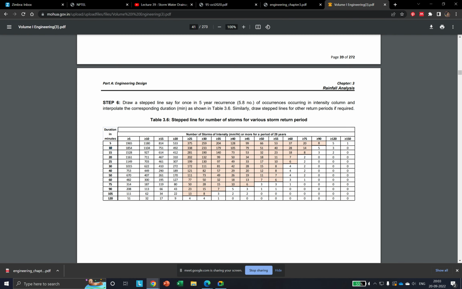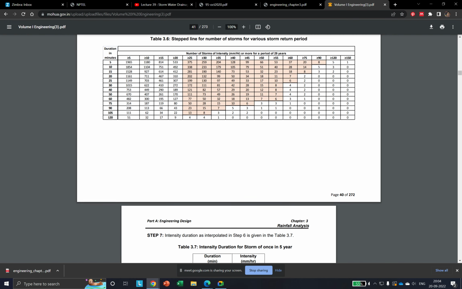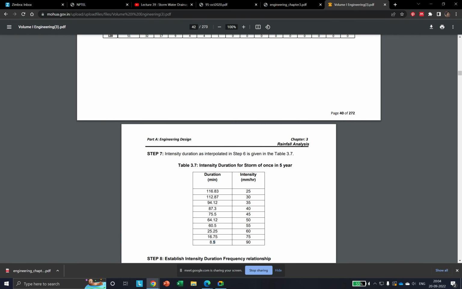We can use methods like regression. Basically, we take all the data that we have and use a regression. Again, you're trying to fit a curve based on that, and you try to minimize the error. Based on that interpolated data, we are now saying that it is not 5 minutes, but about 8.5 minutes.